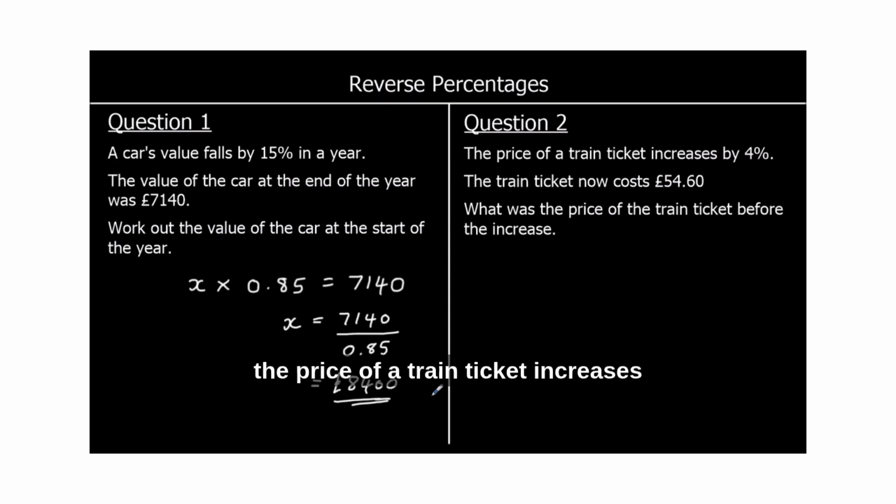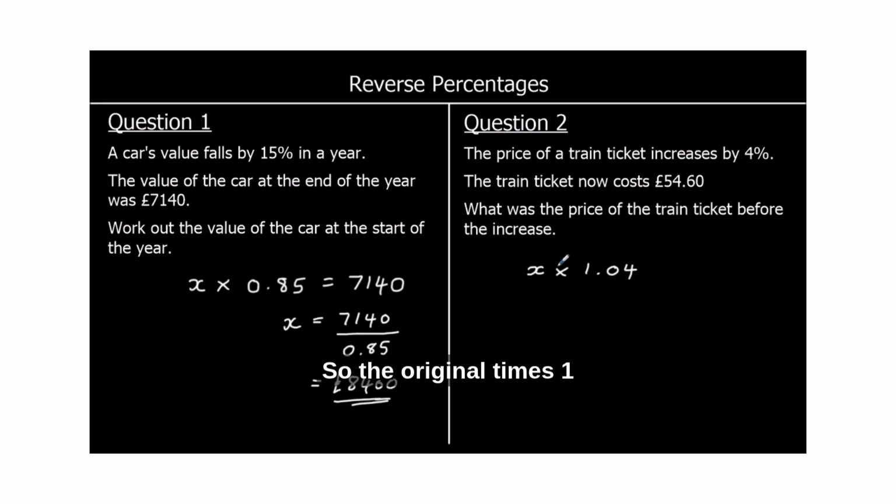And question 2. The price of a train ticket increases by 4%. The train ticket now costs £54.60. What was the price of the train ticket before the increase? So we've increased by 4%, so 100% plus 4% is 104%, or as a multiplier, as a decimal, 1.04.